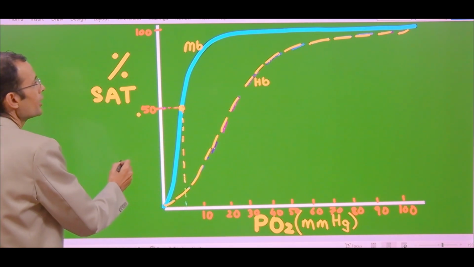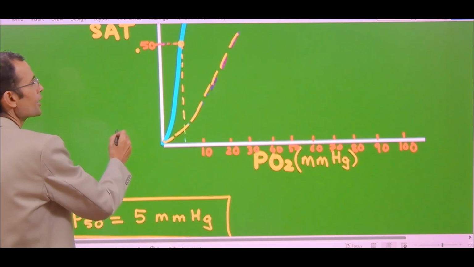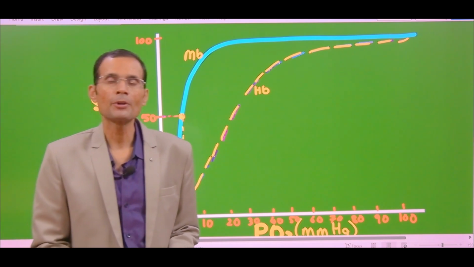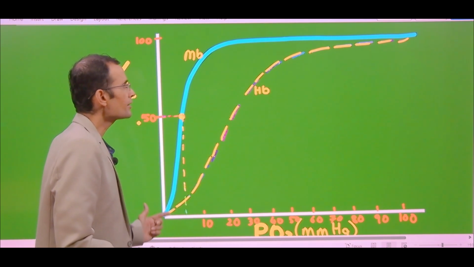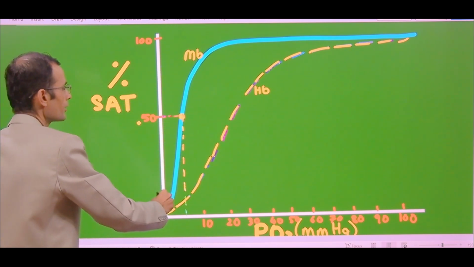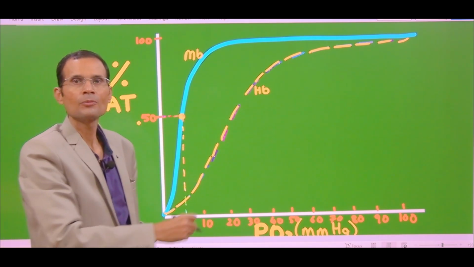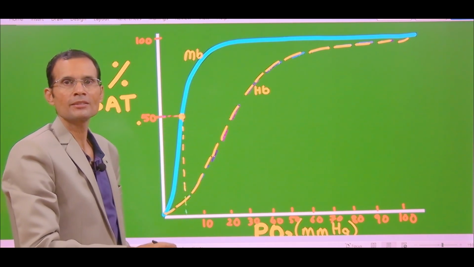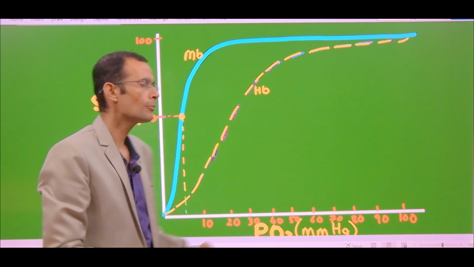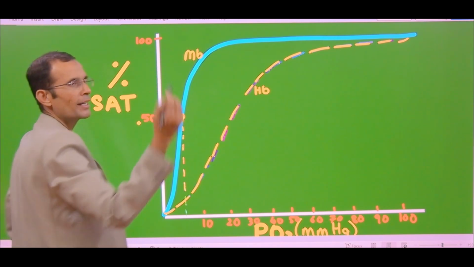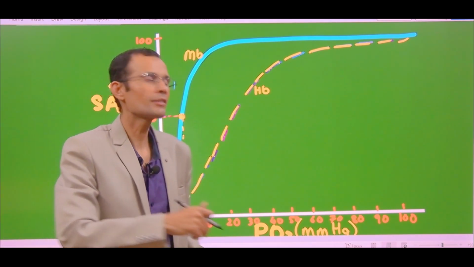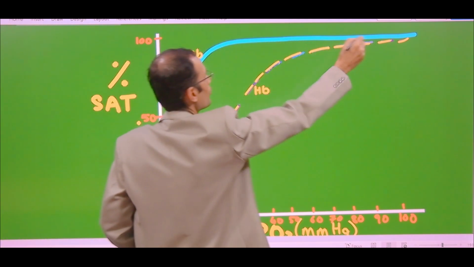Okay, so that's about the myoglobin dissociation curve. Just as a quick recap, why is it a rectangular hyperbola? First, the percent saturation rises very rapidly to 100% because only one oxygen is to be taken up by the myoglobin molecule. So binding of one oxygen molecule gives 100% saturation. That's the reason why it is a rectangular hyperbola.